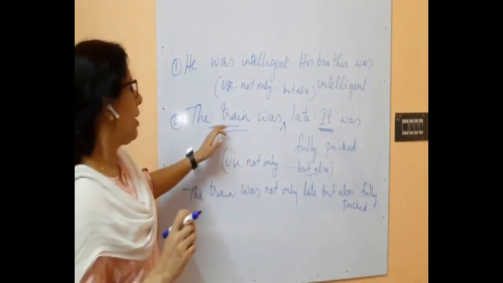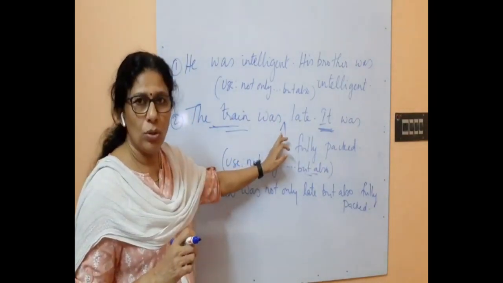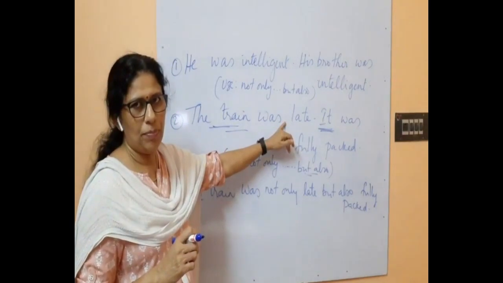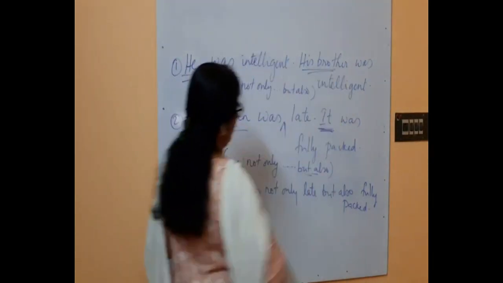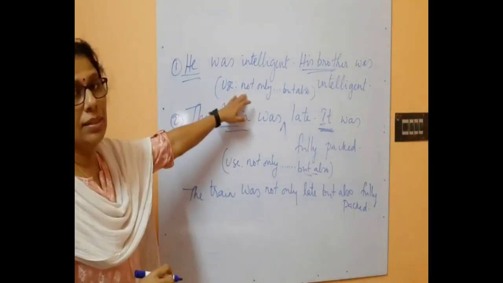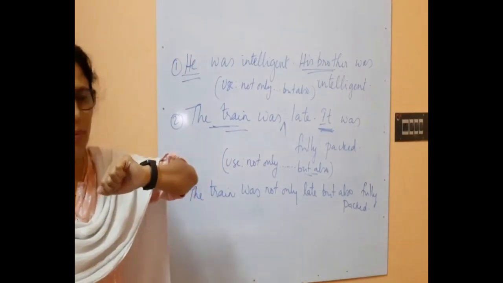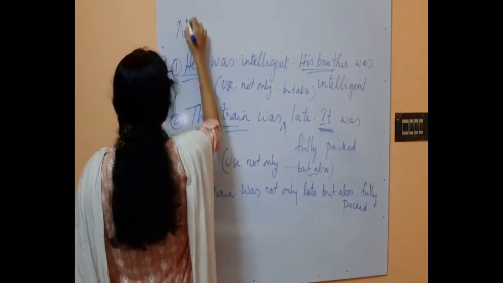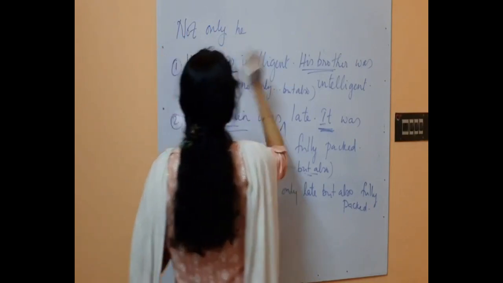The rule is, if both the subjects are same, you have to insert not only after the verb. And if both the subjects are different, how will you insert not only? You have to begin the sentence with not only. Understood?